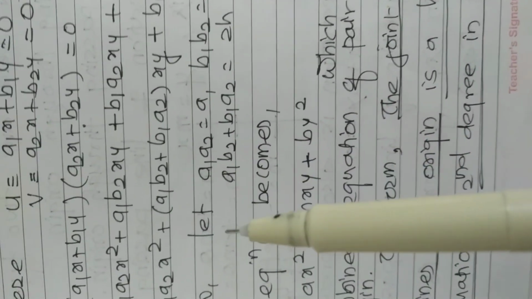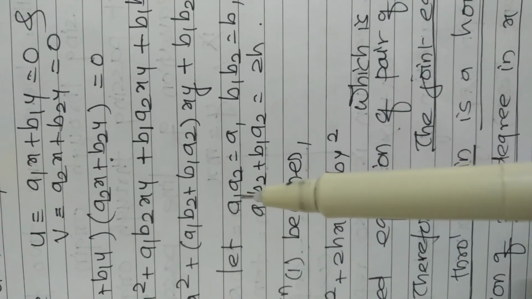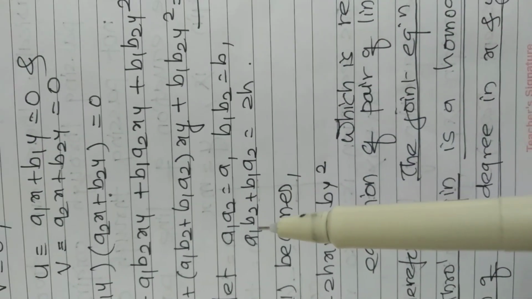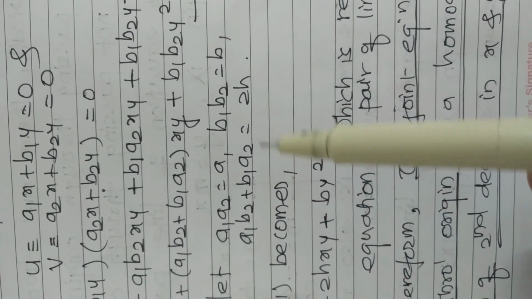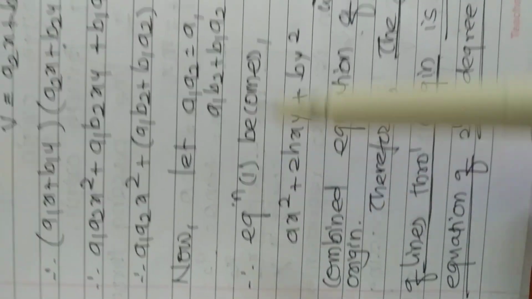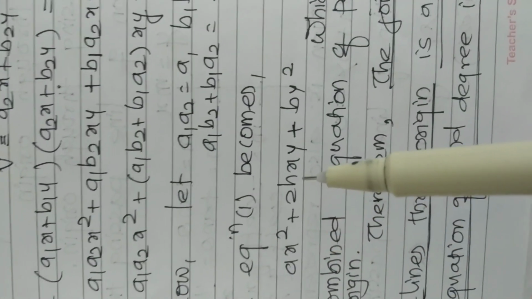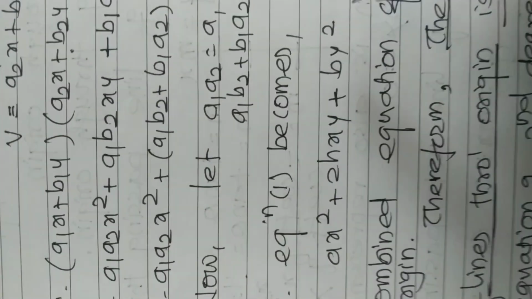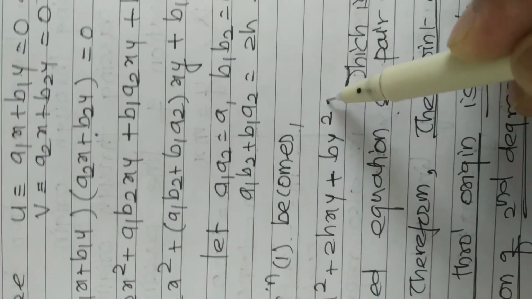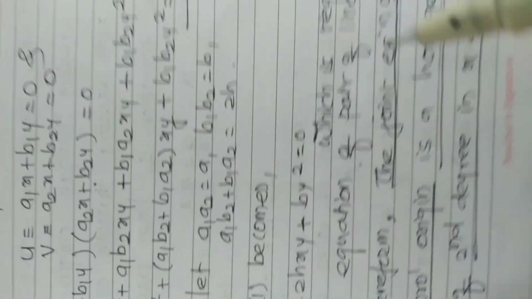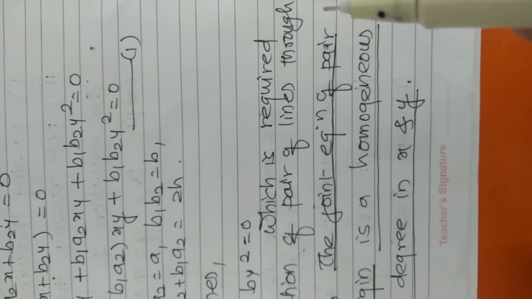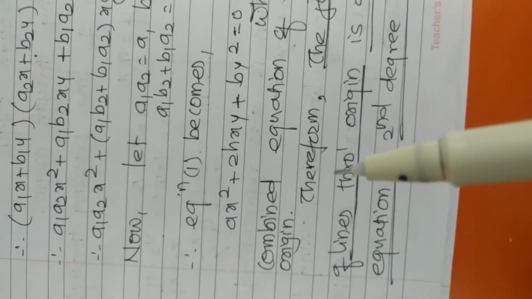But we have to replace some constants. The product of a1 a2 is a, b1 b2 is b, and a1 b2 plus b1 a2 equals 2h. So that equation becomes ax square plus 2hxy plus by square equals 0, which is the required equation of a pair of lines passing through the origin.